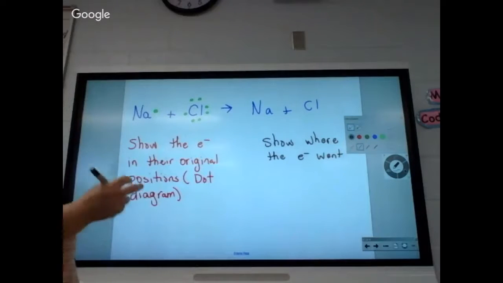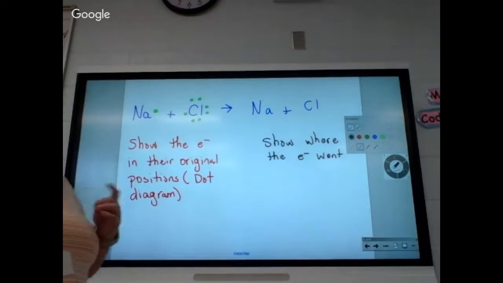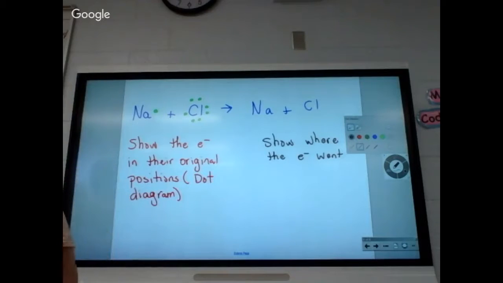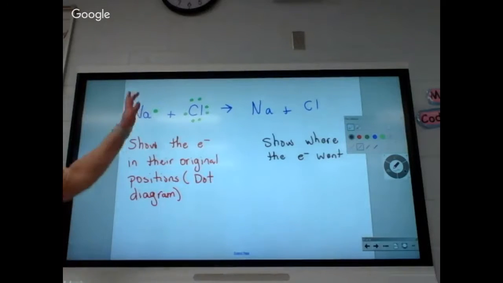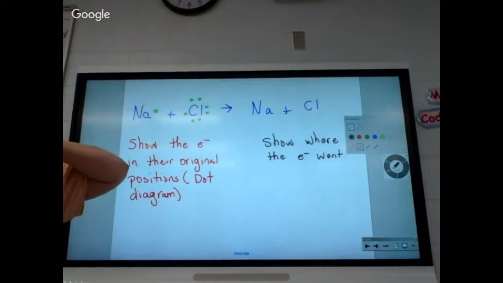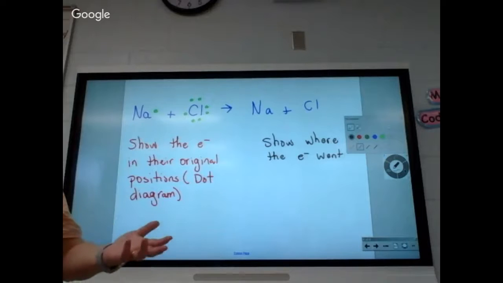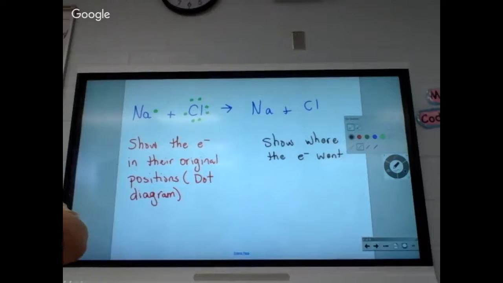So, what do we know sodium is going to do? Yes, it will explode in water. I just want to know what's going to happen to its electrons. Remember, we're illustrating what happens to the electrons. So sodium's going to do what with its electron? Lose or gain? It's going to lose, okay?